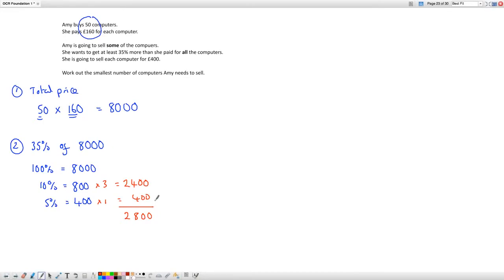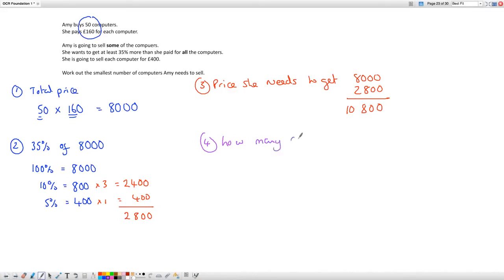So the total amount that Amy wants, the price, she needs to get is 8,000, what she originally paid, plus at least 35% more, 35% here, means 10,800.